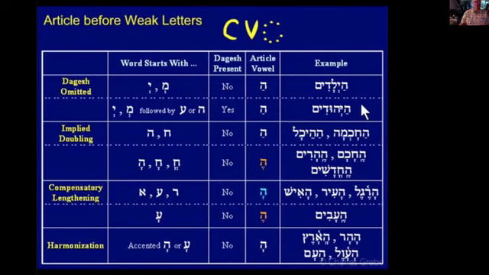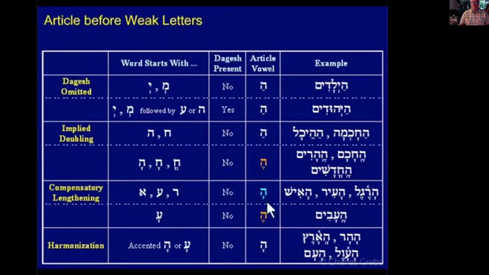Let me get rid of this other thing here. Okay, so strong gutturals produce implied doubling. Weak gutturals produce compensatory lengthening. Again, you can't double them, but what you get is a lengthening of the vowel that precedes it.